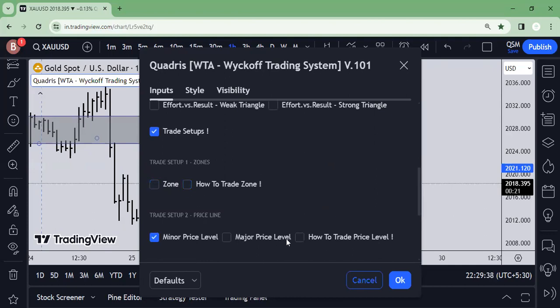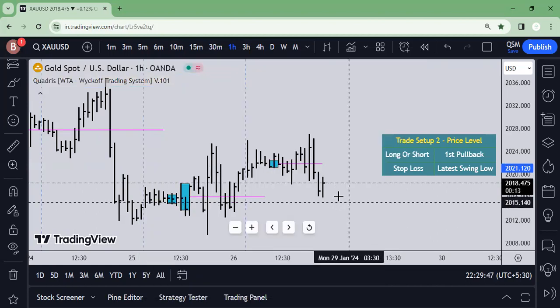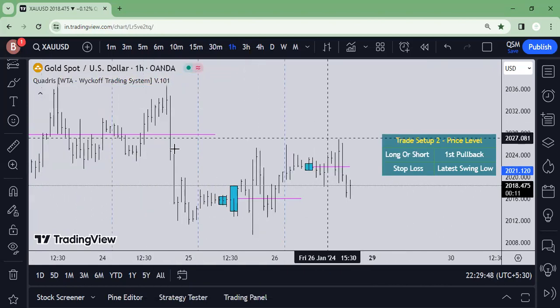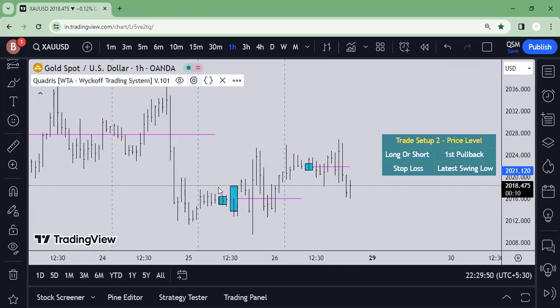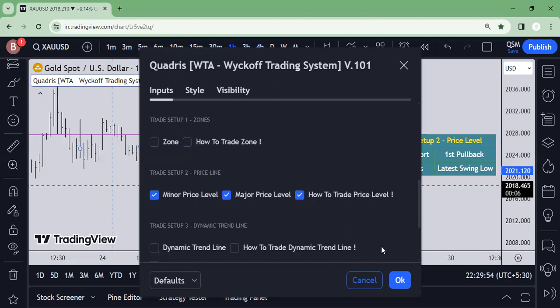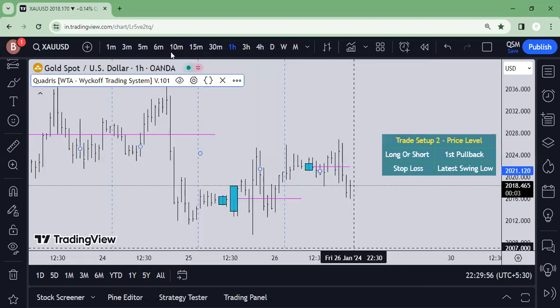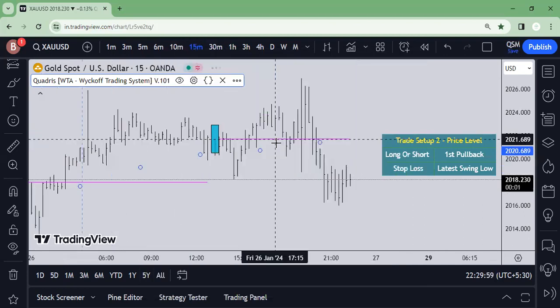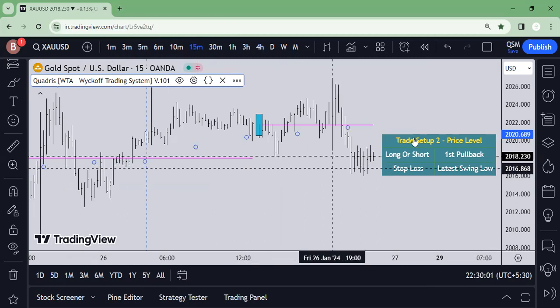We'll take minor price level and major price level. First of all, we'll see what is minor price level, then we'll see major price level. I'll come down to 15 minutes.